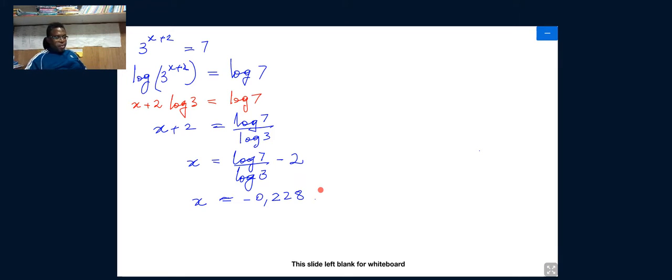You can do your calculation, you'll see. This is just an example of how you introduce a log into an exponential equation. We're still going to do exponential equations, and we'll do them together with log equations.